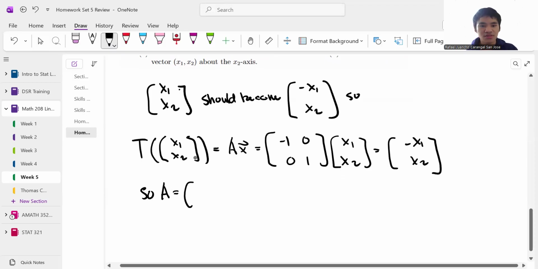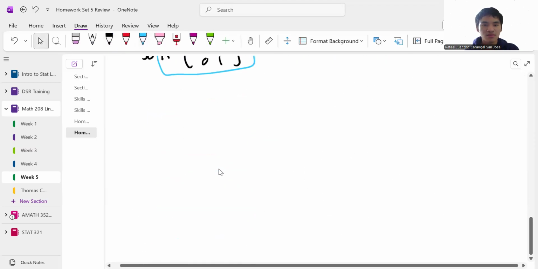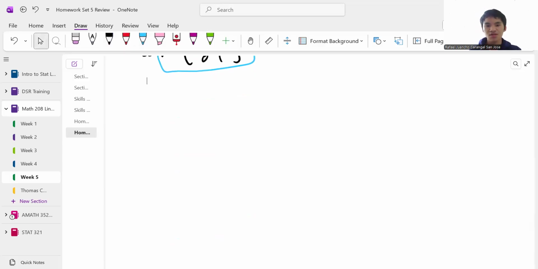So A should be this guy. We're just reflecting it across the x sub 2 axis, or in this case, y. And so the way to do that is to make x sub 1 negative. Now, if we want to reflect across the x sub 1 axis, you would make x sub 2 negative. Okay?